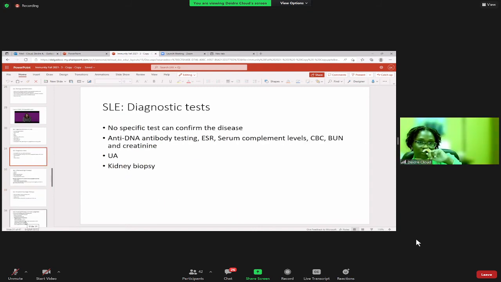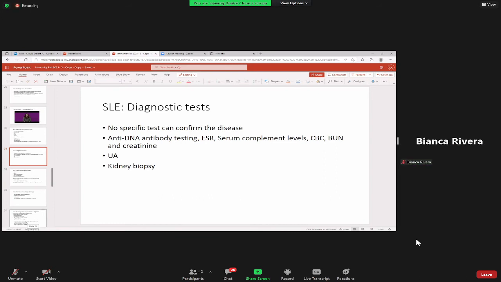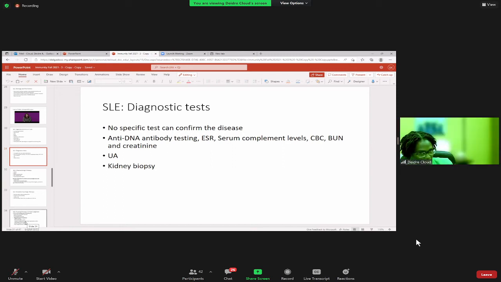So these are a few tests that they will do, but no test can confirm it, but they'll do the ESR, the complement levels, and creatinine. And so for the UA, what are they looking for? And what does that tell you? Proteinuria. And that tells you what? That something's wrong with your kidneys. Kidney involvement, exactly.